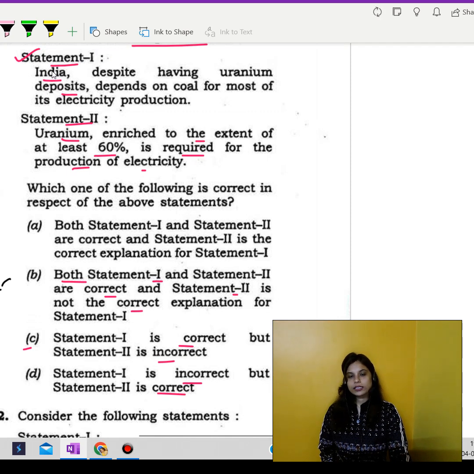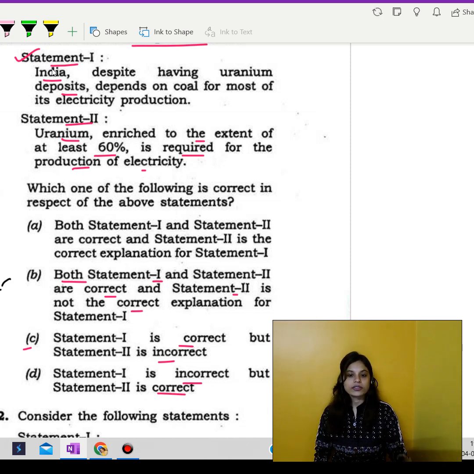Now, India is the world's ninth largest producer of uranium with an output of around 617 tons in the year 2022, up 0.26% from the year 2021.